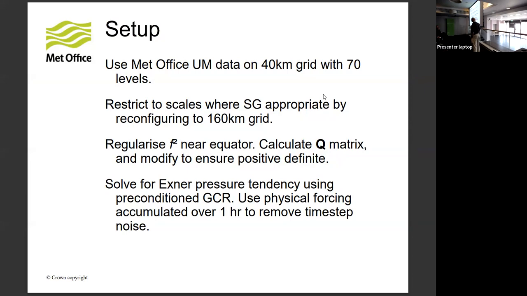So these examples use the Met Office Unified Model on a 40 kilometre grid, which is at least small enough that I hope semi-geostrophic theory is valid, certainly for anything on a scale of 40 kilometres. I reconfigure the Coriolis parameter to smudge things near the equator, adding an f squared on the diagonal term of that matrix.